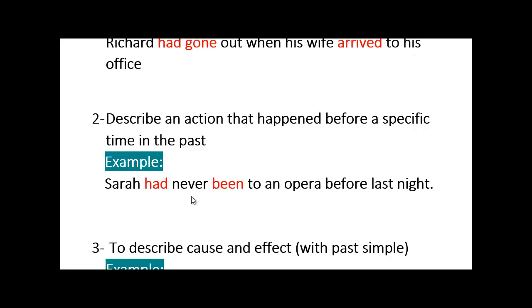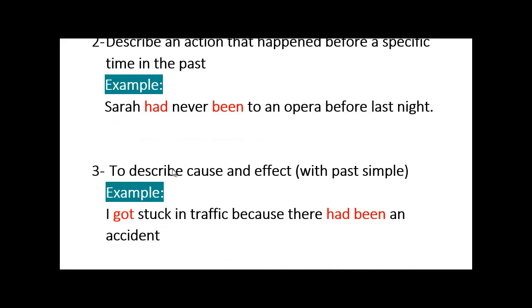So never is like an adverb of time. She had never been: had and past participle, and never, adverb of time. That's just been added there. To an opera before last night. Last night is the specific time we're talking about. That's a specific time. Describe an action that happened before a specific time.